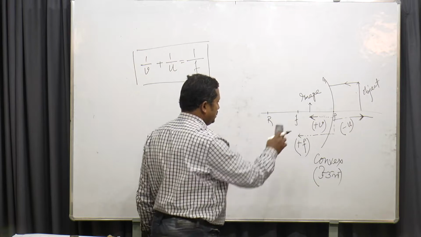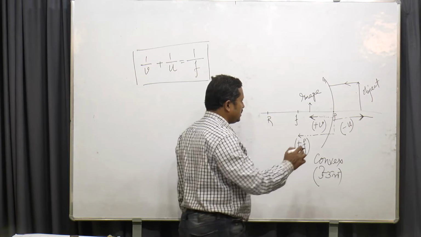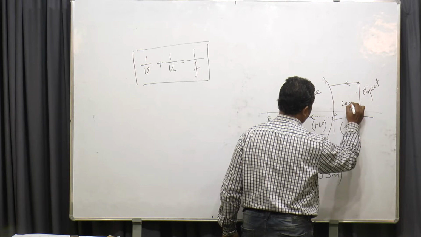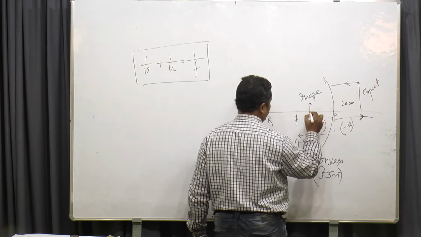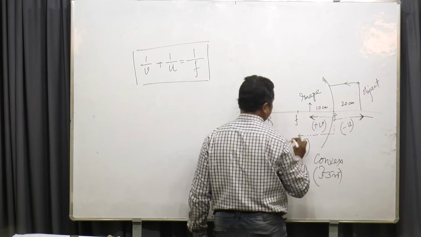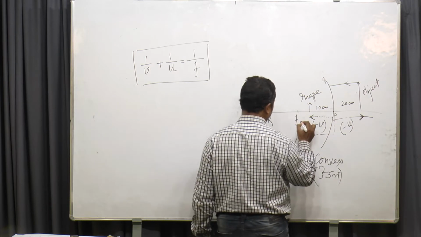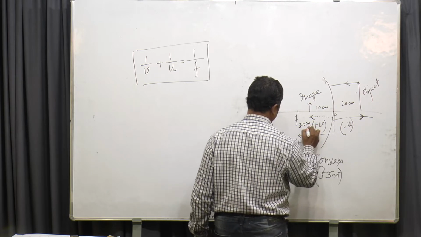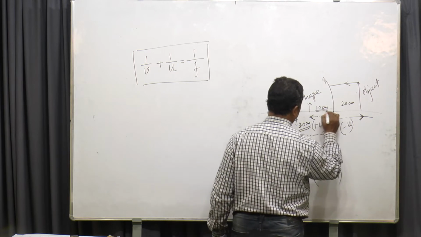Suppose I use this formula where the distances are given. This is 20 centimeter, image is at, say, 10 centimeter, focus is 30 centimeter. These are the values given.